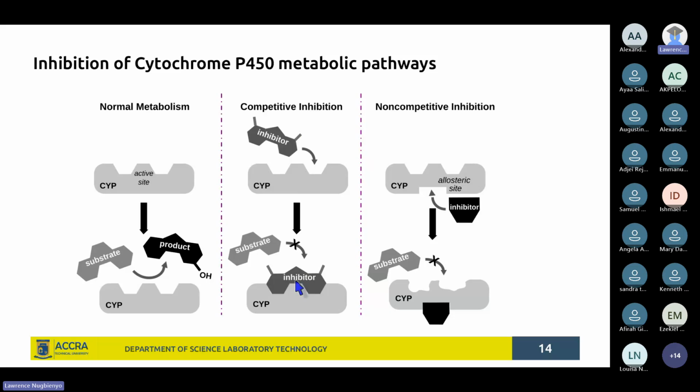In this case, also with the knowledge of this competitive inhibition, you have some drugs that can be developed so that they can serve as inhibitors to some specific cytochrome P450 enzymes, the ones we just saw, which we know are specific to the metabolism of some specific xenobiotics, so that when they bind on the cytochrome P450 enzyme, then those substrates, which perhaps we know that those toxicants, when they undergo some specific metabolic reaction, they produce toxic metabolites, so that the inhibitor prevents the enzyme from producing those toxic metabolites.